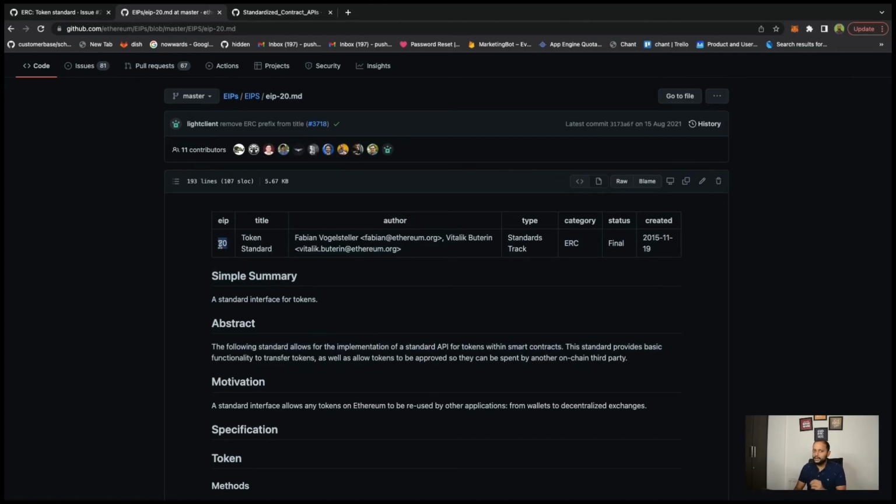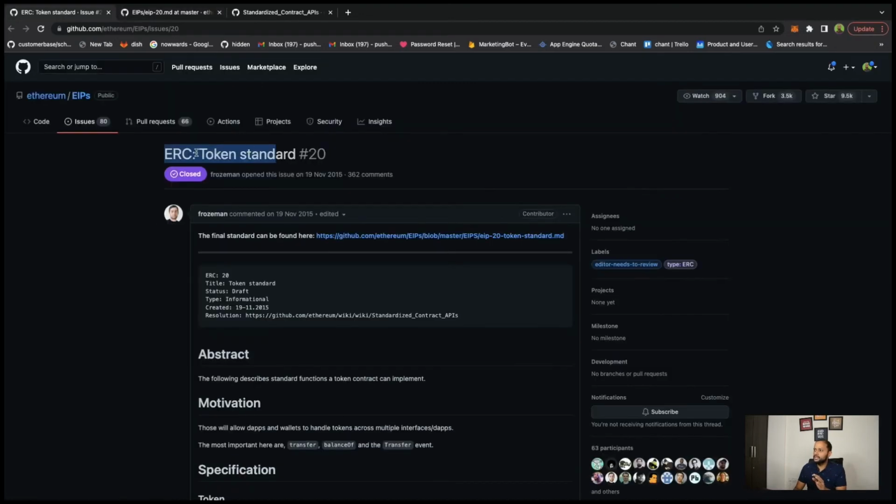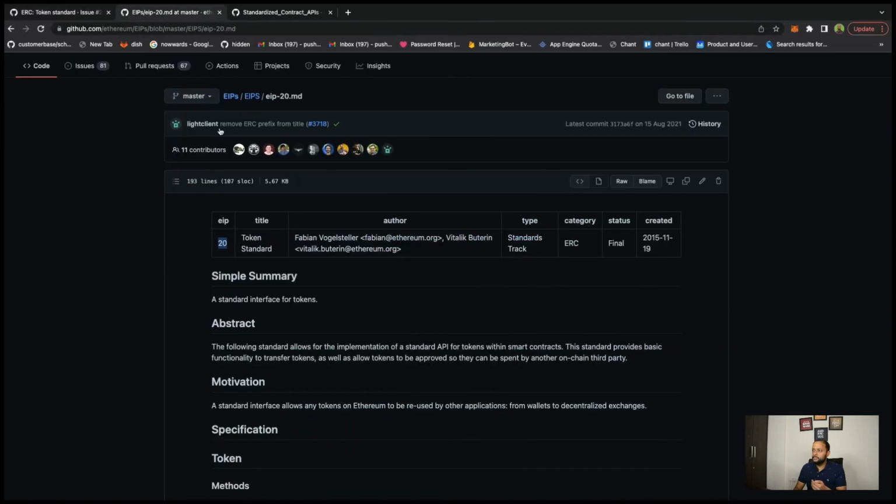Now, the 20 here is essentially nothing but the issue number 20. So on GitHub, this is the ERC token standard and this is issue number 20. Similarly, any token standard that becomes a standard within the community is referred to by its issue number, right? So this is EIP 20 and that's why ERC 20.